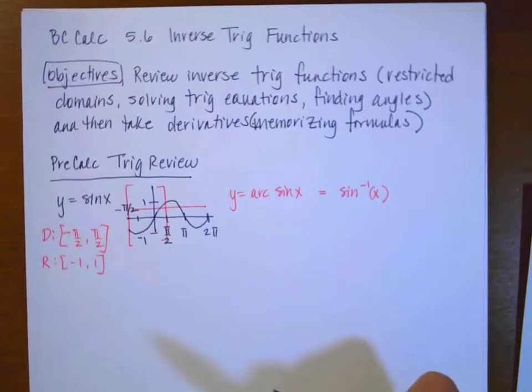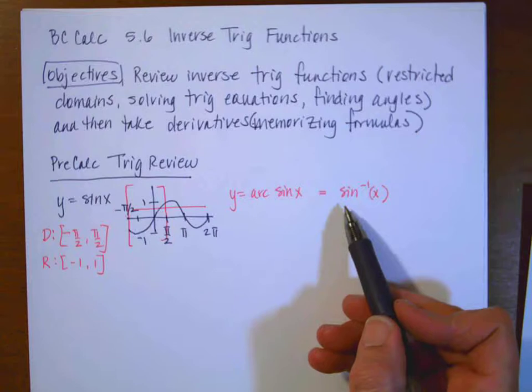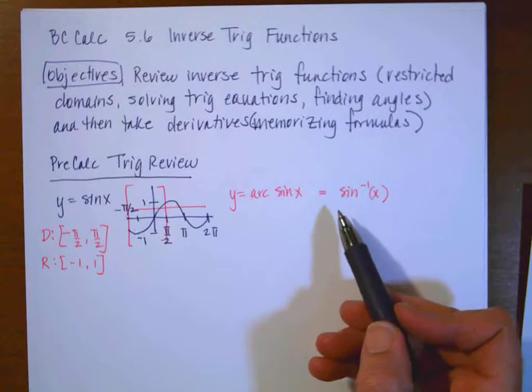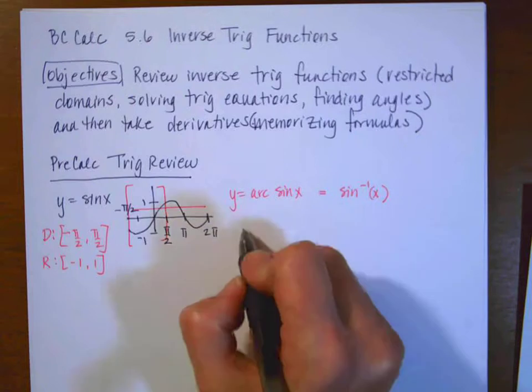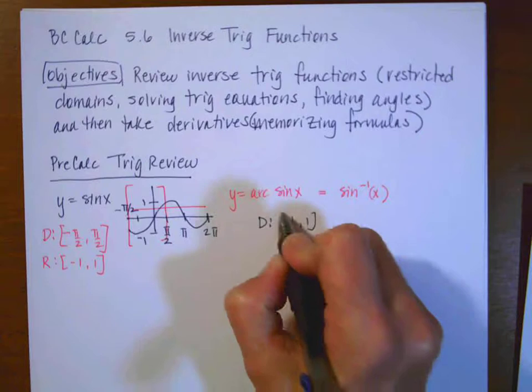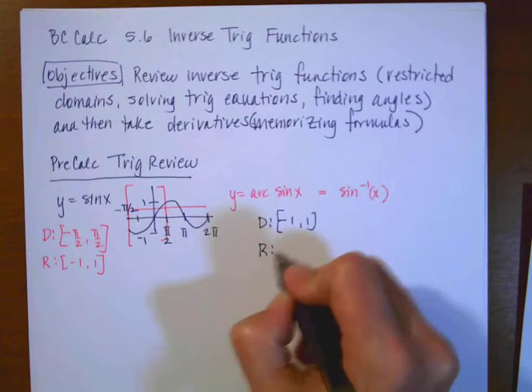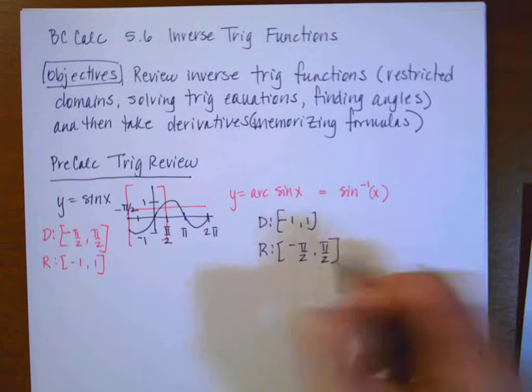But if I go to the inverse function, which would be the inverse of sine, or the arc sine, remember that my domain and range switch places, which means that for arc sine, the domain is going to be from a negative 1 to 1, endpoints included, and then the range would be from a negative pi over 2 to pi over 2.